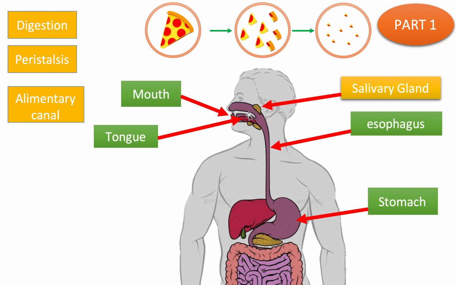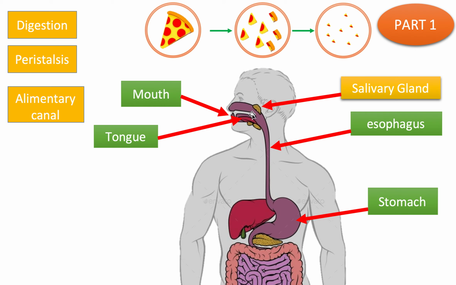Inside the saliva, we have this enzyme called salivary amylase, and it will react with all the carbohydrate portions of your food. So no proteins, no fats. The proteins and fats are still not going to be broken down, but the carbohydrate portions of your pizza will be broken down into something called maltose. So the carbohydrates were now broken down into maltose. That's what's going on here.